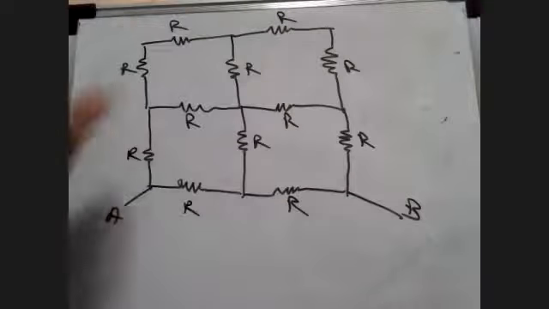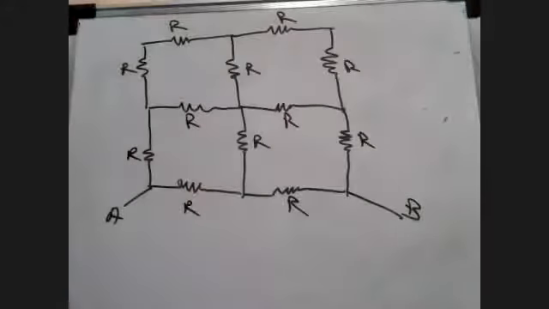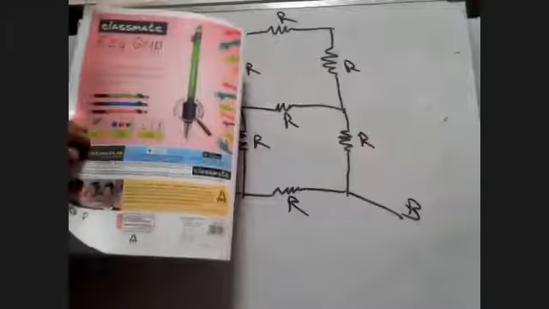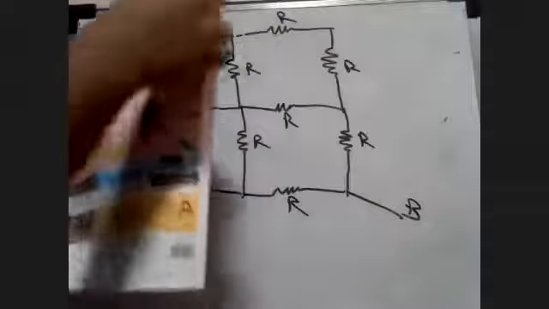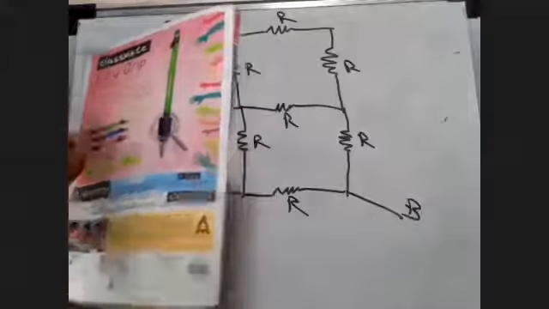Whenever you have symmetry like this, you can do one thing. You can consider this to be a book like this and fold it. If you fold it, the branch in this line has zero current.